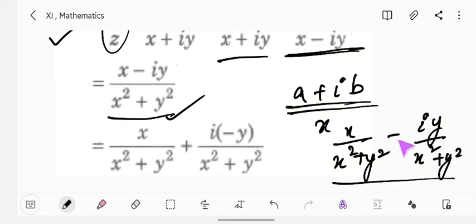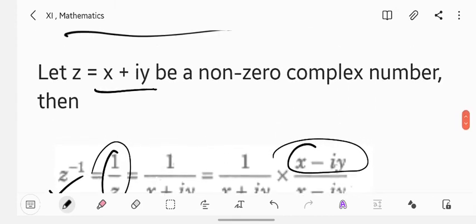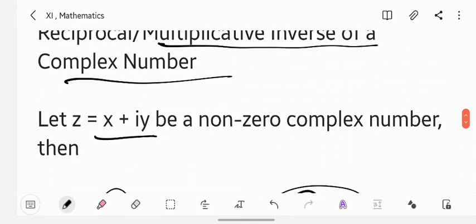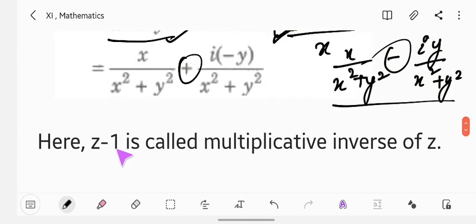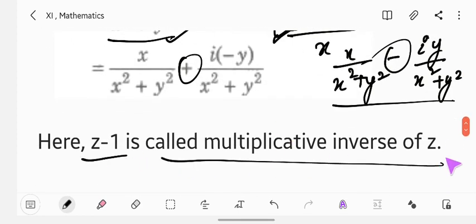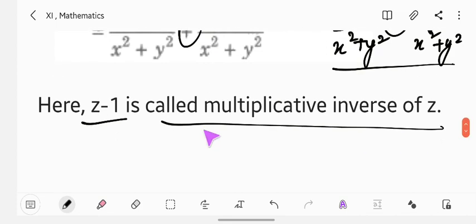Then changing the sign to make it the standard form a plus ib, the sign goes with the imaginary part, y. This is how it looks for the reciprocal of complex number z, where z power minus 1 is called the multiplicative inverse of z, or simply we can write 1 by z also, that will also work.